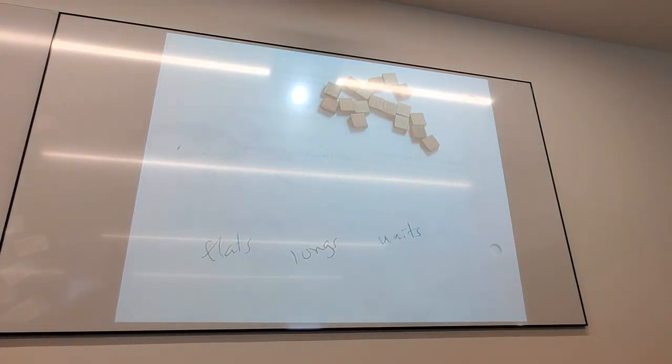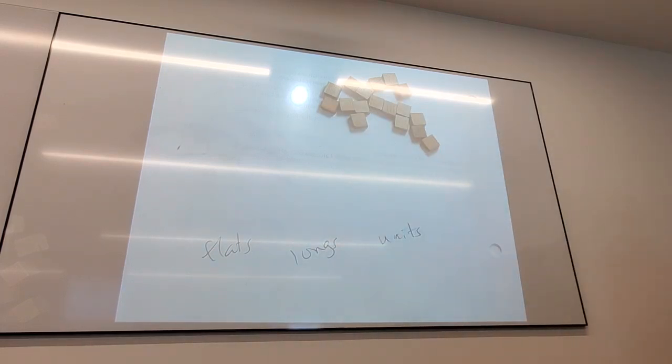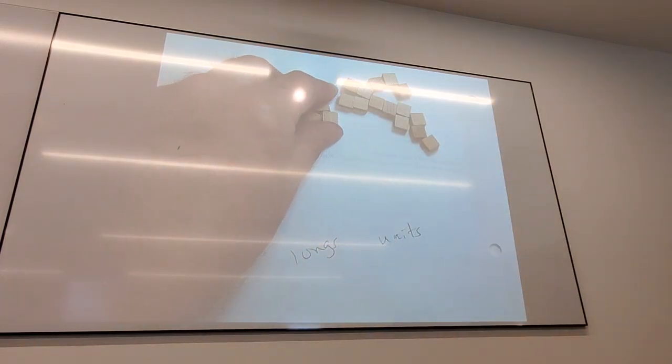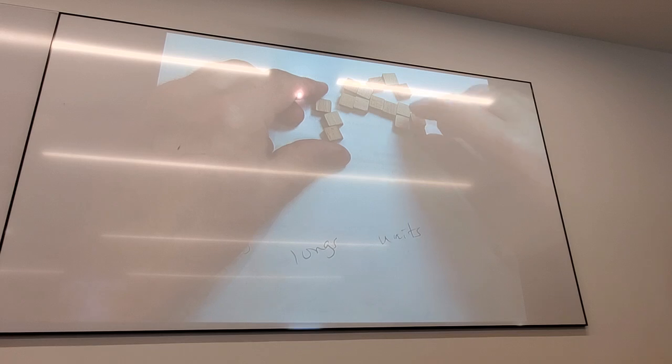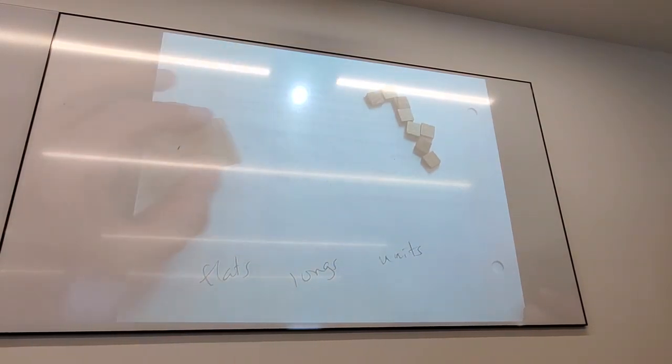The piece with the most units is the flat of 9. Yes, all right. So you could do a variation of this. You could make a whole bunch of longs, and then when you have 3 longs, you could put them together. But if you think, let me start with how many flats can I make? So there's 1 flat, yeah? So I can replace that with this one.